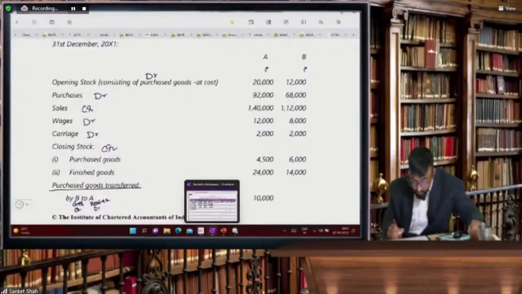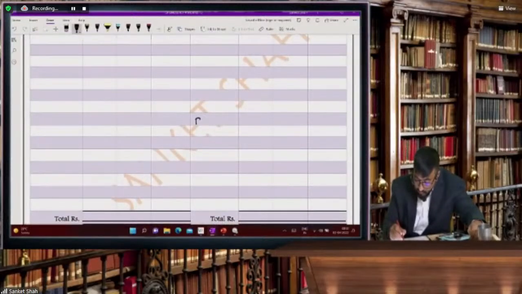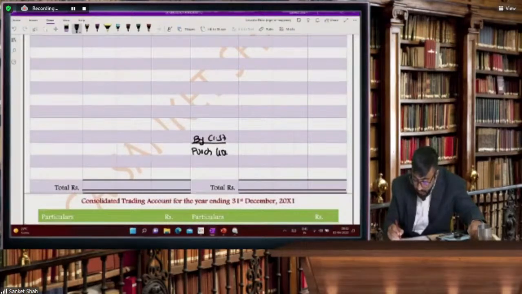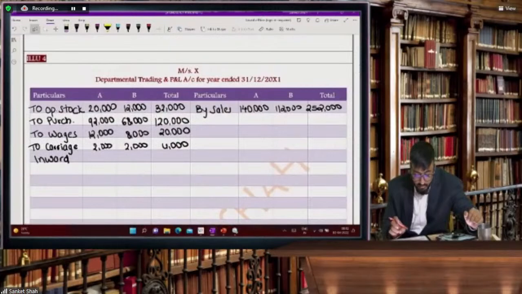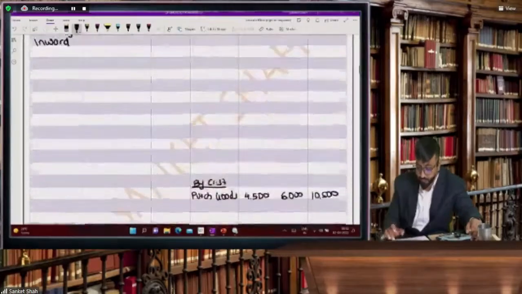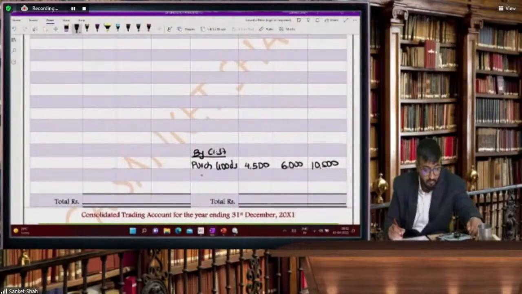Now closing stock. By closing stock, I'll write a little lower. Purchase goods: 4,500, 6,000, 10,500. What is the total of purchases? Sorry, purchases total 1,60,000. Finished goods: 24,000, 14,000, 38,000.